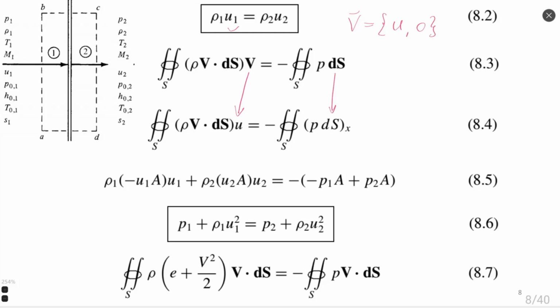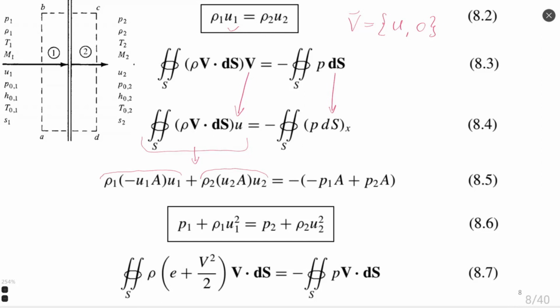Now, if we open this integral the same way as we wrote it for the continuity equation, we will see that quantities entering the control volume have a negative sign, with minus u1, and quantities which exit the control volume have a positive sign. Just the sign convention as we had before.